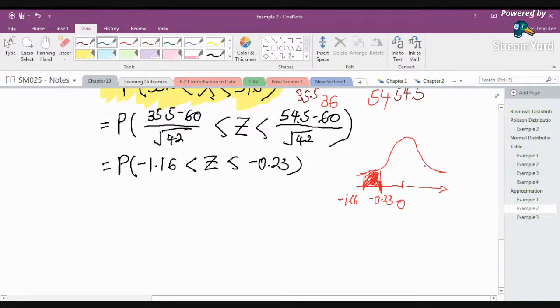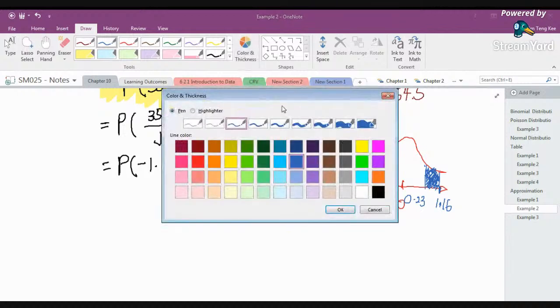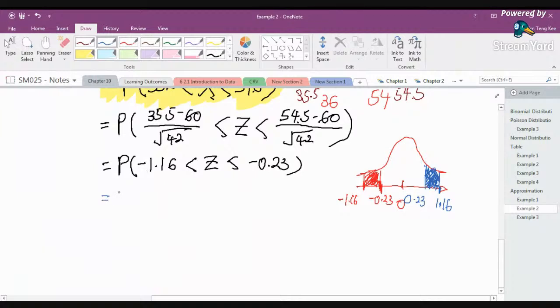So what we do is convert it to the right regions, where now the regions in blue on the right have the interval from 0.23 to 1.16. Therefore, I have P of 0.23 less than Z less than 1.16.